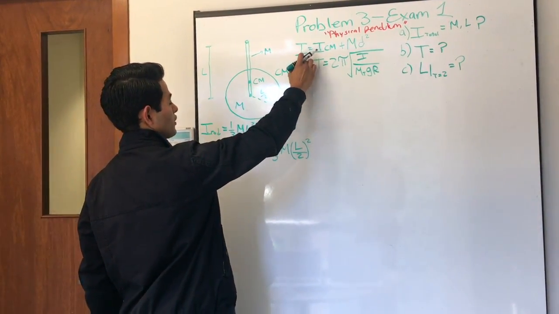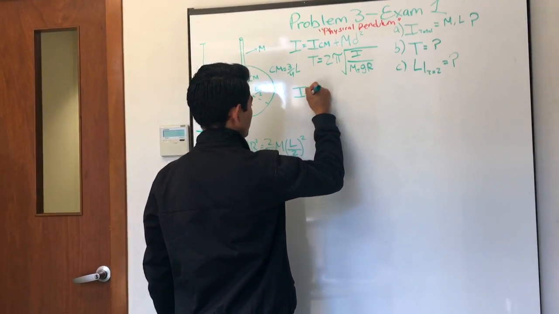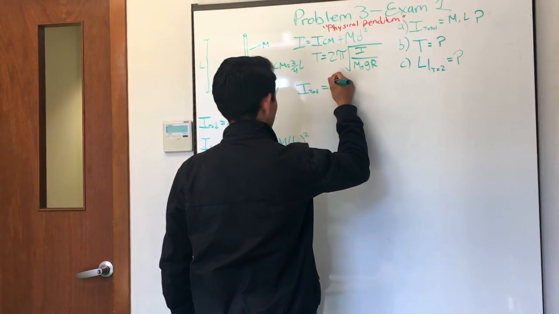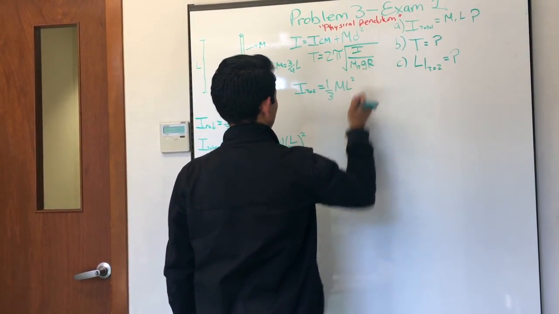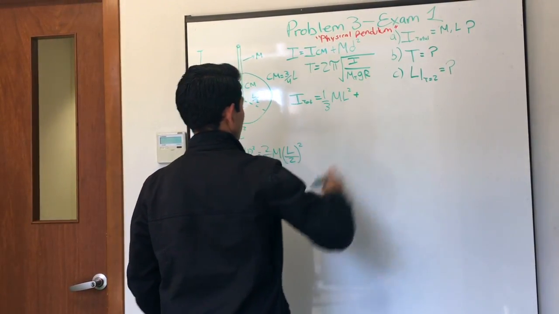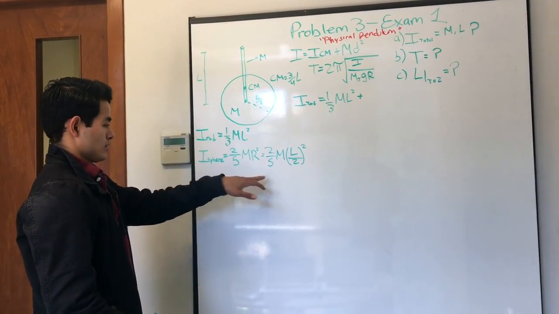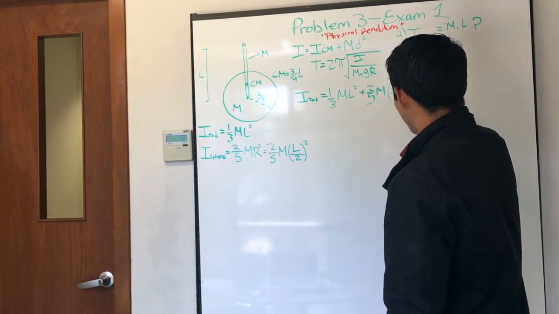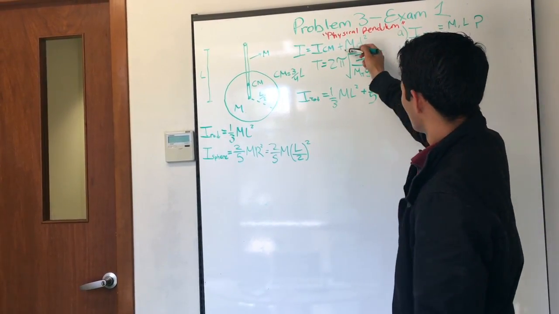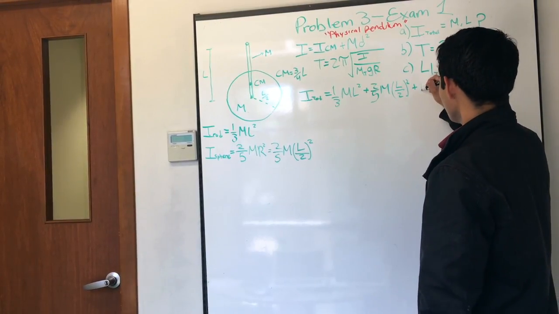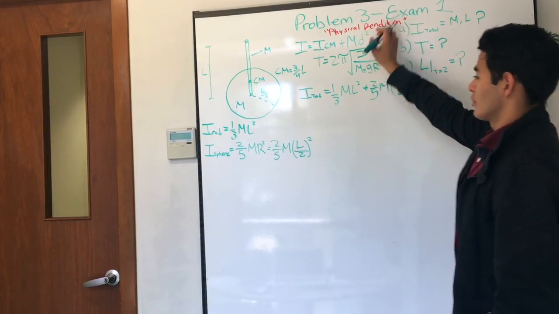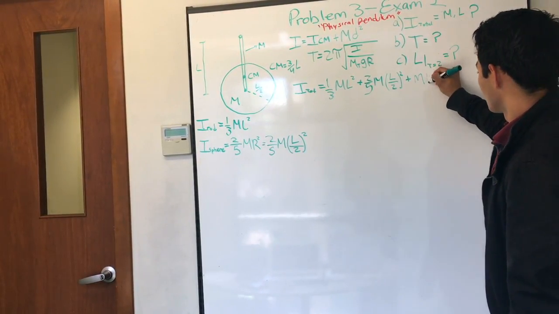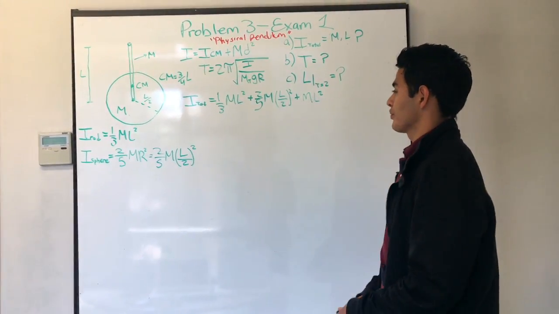So applying this, the total inertia is equal to the rod inertia, which is 1/3 of ml squared, plus the inertia of the sphere, which is 2/5 m times half of L squared, plus the mass times the distance squared, but the distance is equal to the length, so we rewrite this as m L squared.